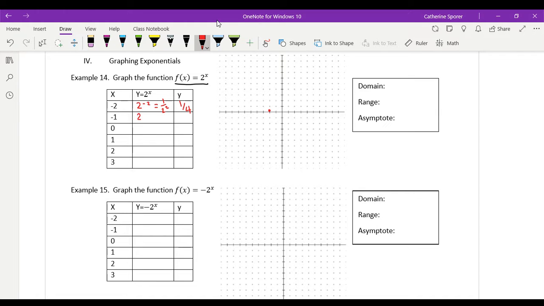Plugging in -1, 2 to the -1 is 1 over 2 to the +1, so 1/2, -1, comma 1/2. 2 to the 0 is 1, because any positive number to the 0 power is 1. 2 to the 1 is 2. 2 to the 2 is 4.